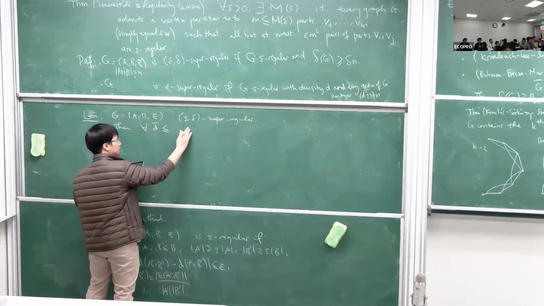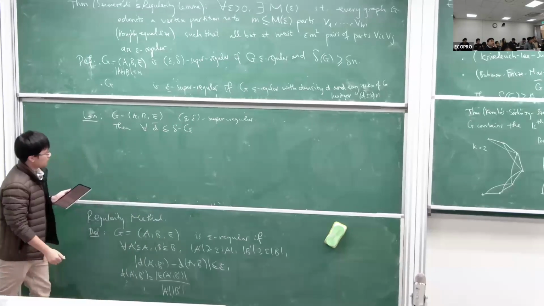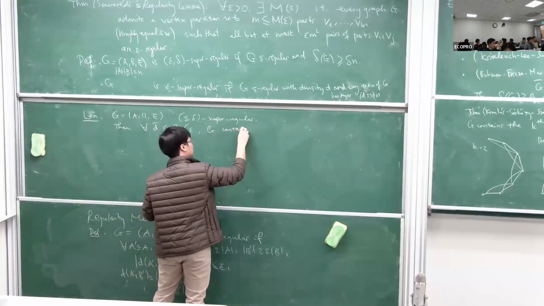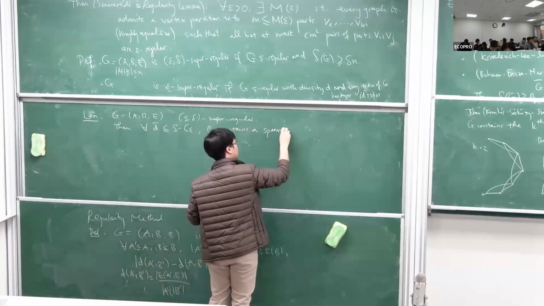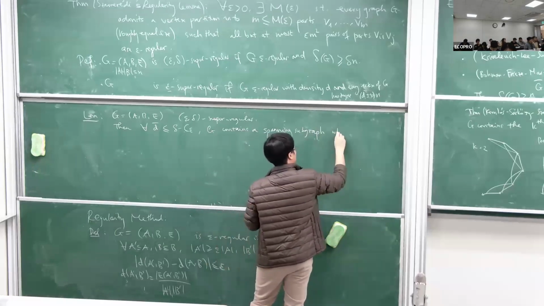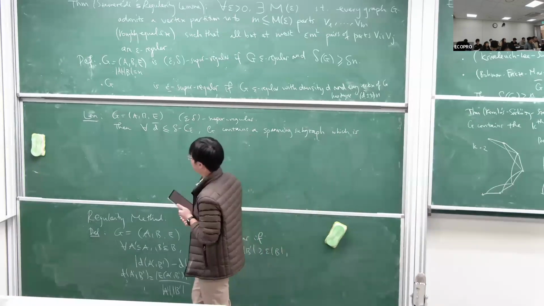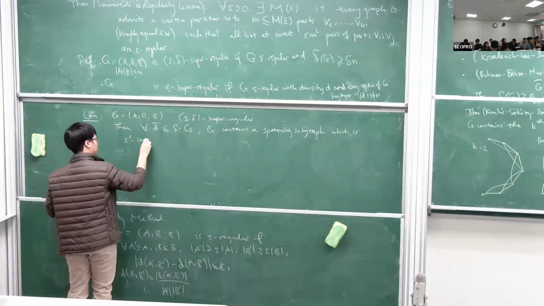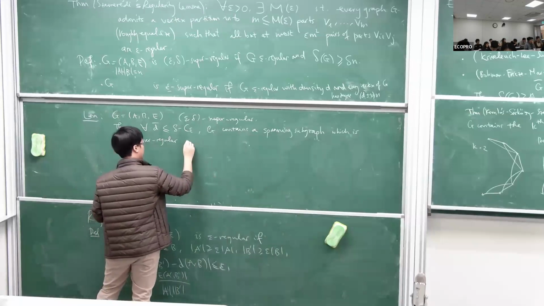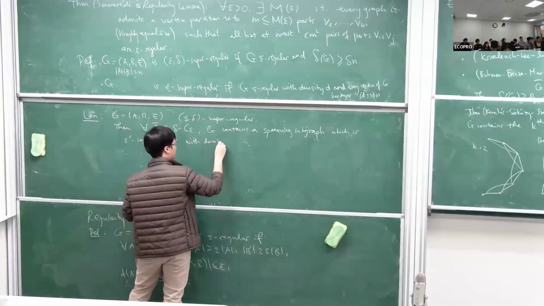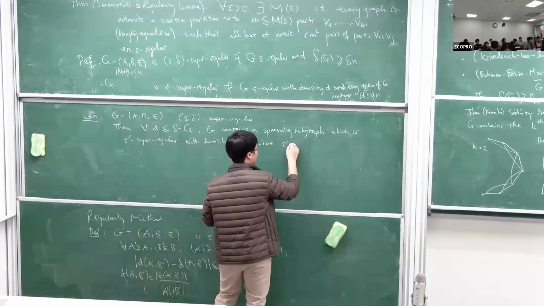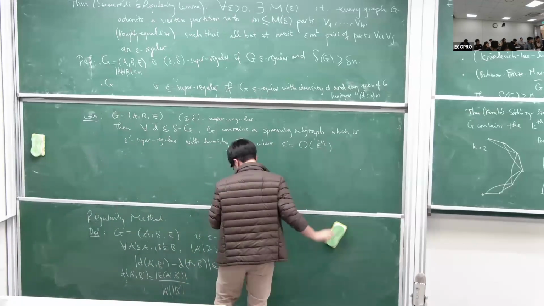For D bar, not too large, equal to delta minus some big constant times epsilon, G contains a spanning subgraph, which is useful because we care about spanning structure, which is now epsilon prime superregular, and it also has density exactly this parameter D bar. Here this epsilon prime will still be small, something like root of epsilon.